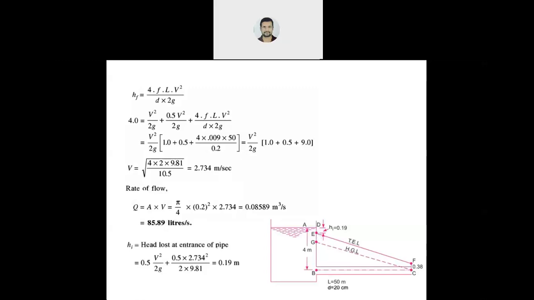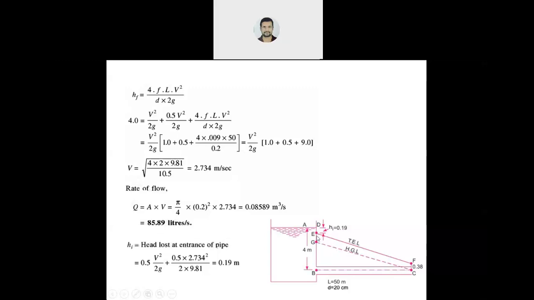Next, find the kinetic head. From point E, draw point G whose value will be equal to the kinetic head. Now, after locating G, join this G with the end point of the pipe, C. You will get the hydraulic gradient line.